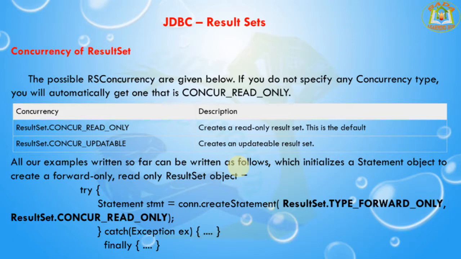For example, to update a string column of the current row of the result set, you would use one of the update string methods. One update string method takes an index and a string value, and another takes the column name and the string value.